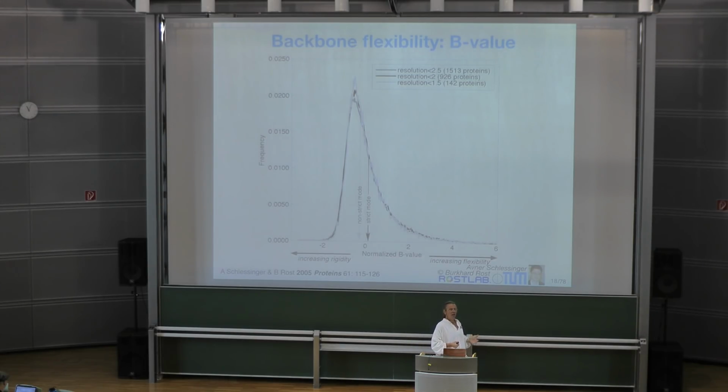If you do machine learning, you may try to learn this raw value, and it turns out this is not that easy. So there are good reasons why you want to try to predict a binary value. Again, the binary value is flexible or rigid. Now the question is, how do you translate this distribution into binary values? Where is the threshold?